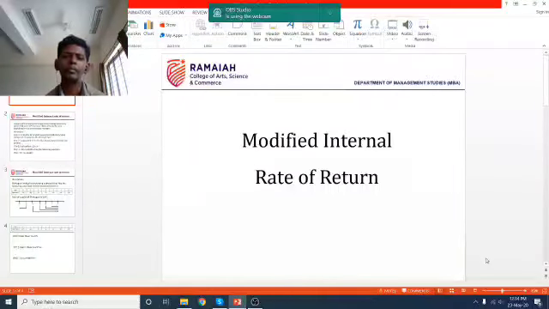NPV is more scientific and more scientifically calculated. Few managers or financial people find internal rate of return to be a superior method of capital budgeting when compared to NPV, right?